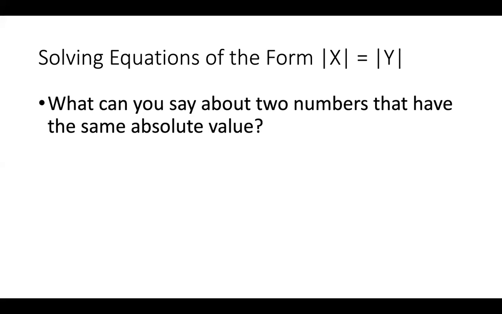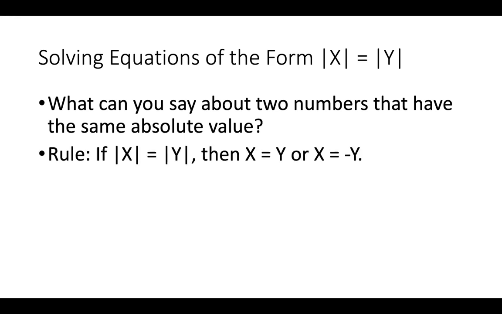Yes, they could. So if the only thing that you know about your mystery numbers is that they have the same absolute value, then either those mystery numbers have to be the same or they have to be opposites.